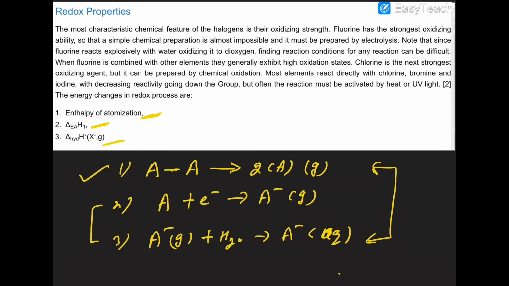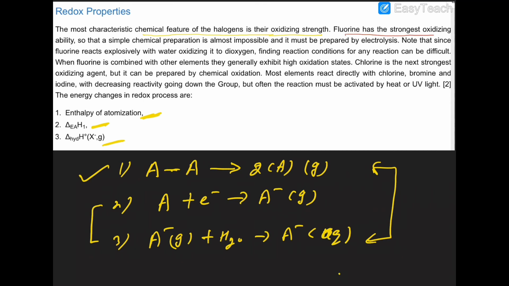So these three factors together will decide the redox properties or the oxidizing nature of the various elements, and most probably in the case of halogens, because we are discussing halogens. The most important characteristic property of halogens is their redox properties. The chemical feature of the halogens is their oxidizing strength.